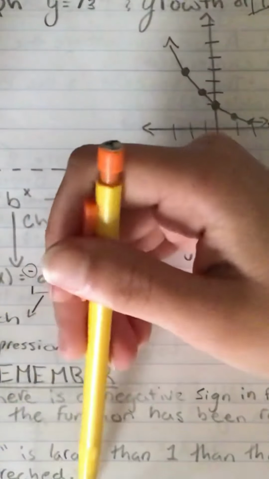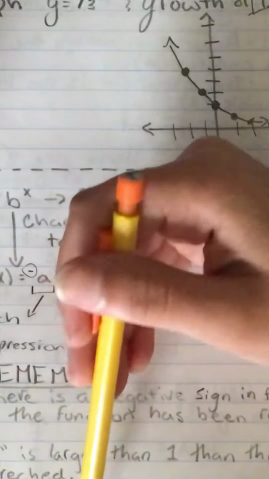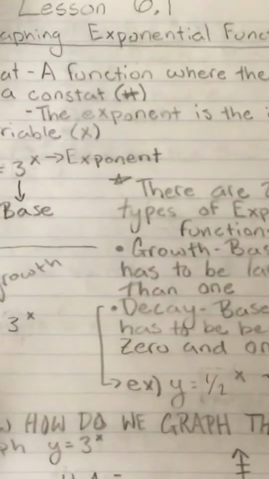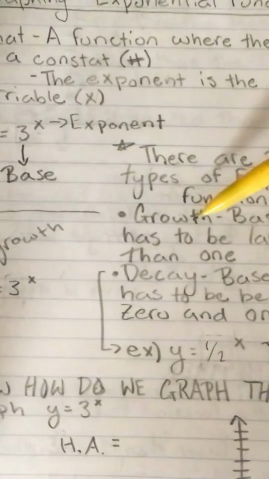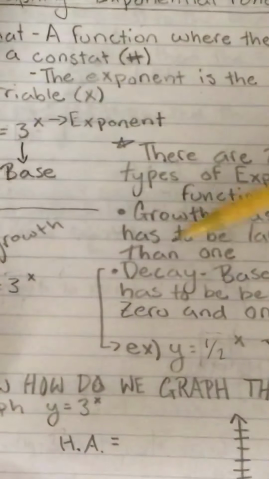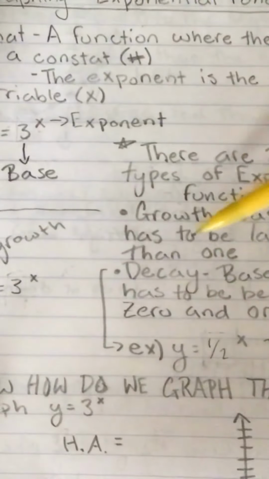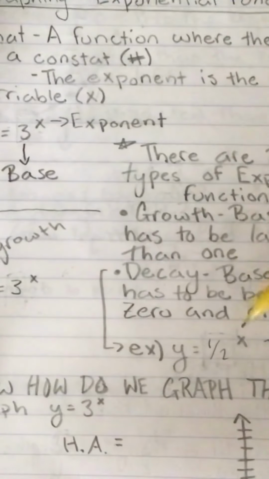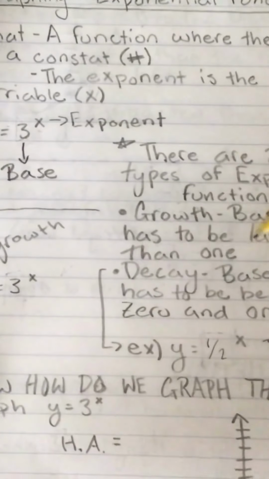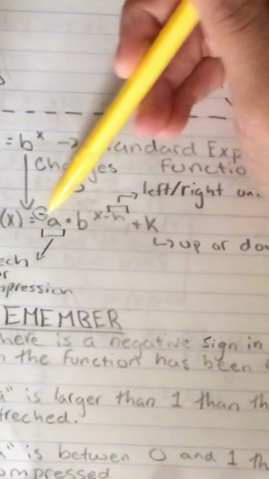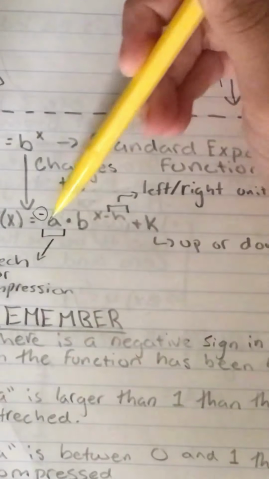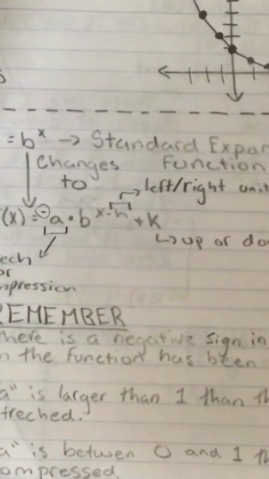And if it is between 0 and 1, then it is compressed, which is just another way of showing growth and decays, because larger than 1, lower than 1. But this is for the base, and this is for a. So two different things, and don't get them mixed up, because they're not the same, but similar.